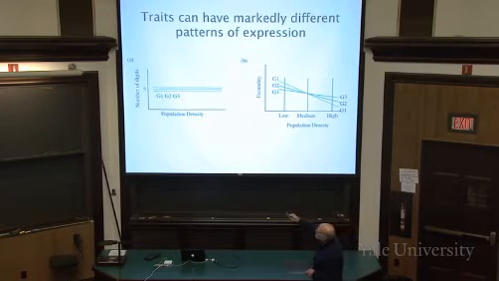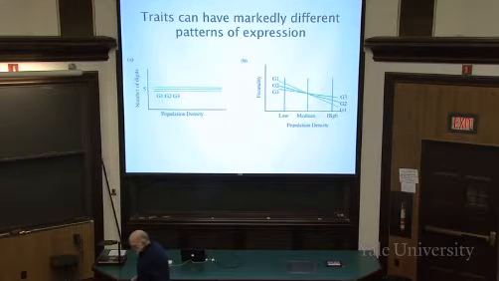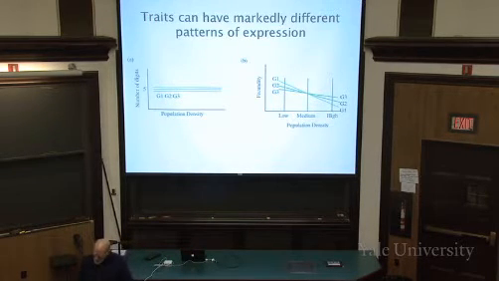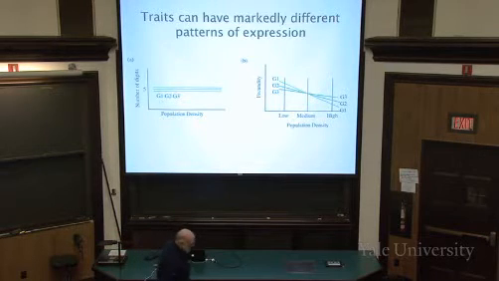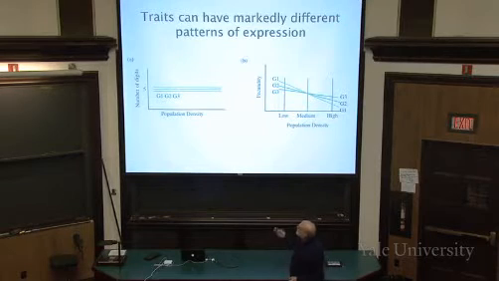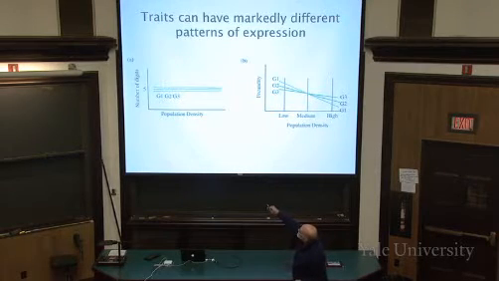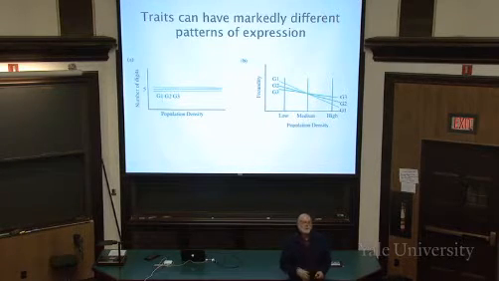Now, traits can have very different expression patterns. It's not as though all traits have very dramatic reaction norms. And I just chose the example of 5 digits in many tetrapods, including ourselves, to indicate that you could have 3 different genotypes and you could change population density a lot and the number of digits on the hand wouldn't change.